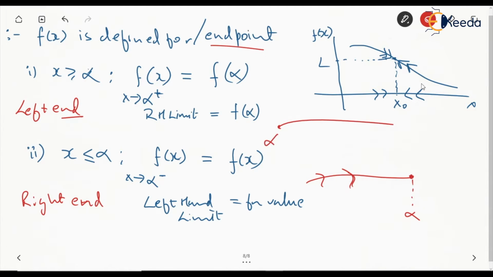This will be alpha, and on the right side it will be defined, right? So for greater than or equal to alpha, we are checking the right hand limit, and for less than or equal to alpha, we are checking the left hand limit, right? So this is about the endpoints.